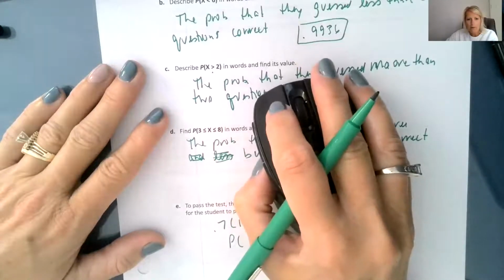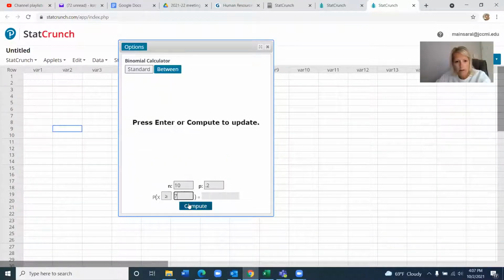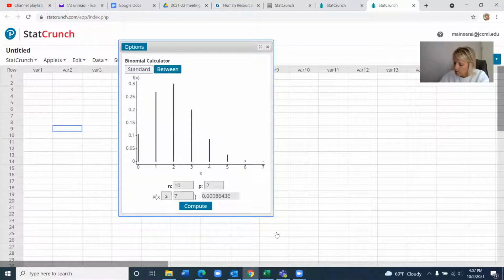Let's see, greater than or equal to 7 is pretty small, 0.0009, which is less than 0.05. So yes, it's definitely unusual. So let's go back to our paper and mark that.